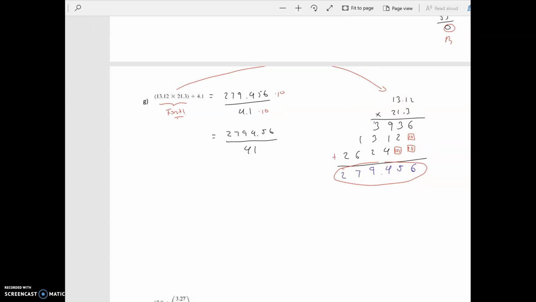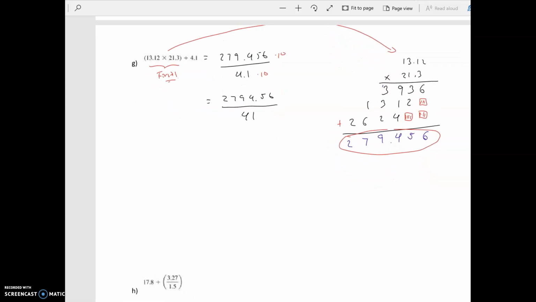And let me carry the long division on the side. So we're looking at 41 and then the 2794.56.